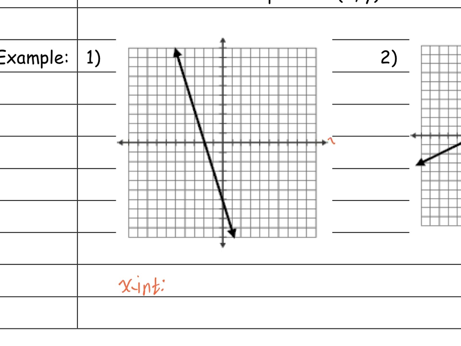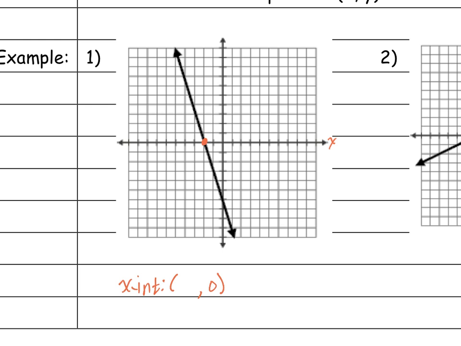Here's my x-axis, right? So here's where the graph crosses the x-axis. And it's in the form of something, 0. So I just need to know where that something is. What number does it cross the x-axis at? That's all I need to put in there.